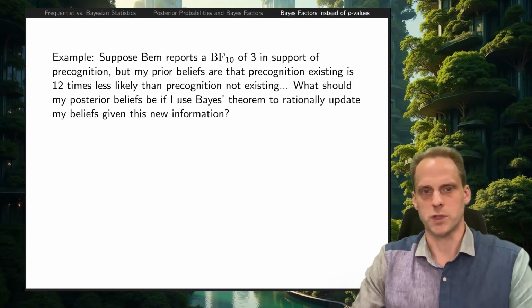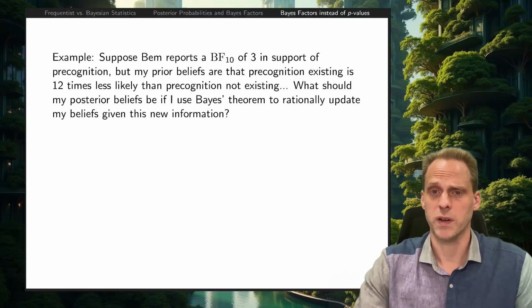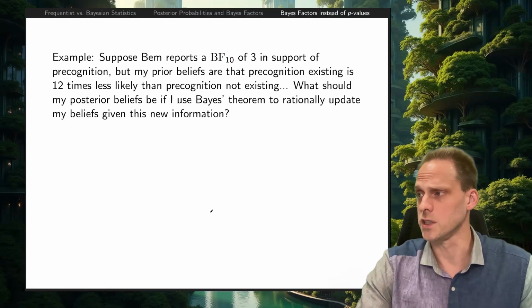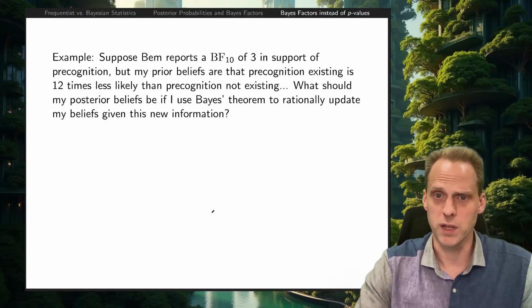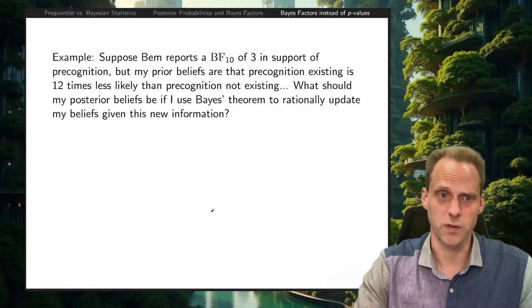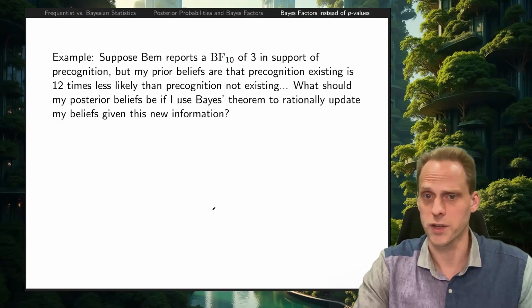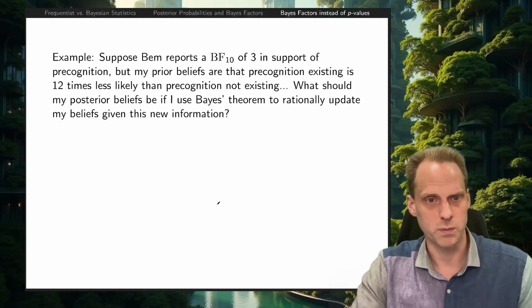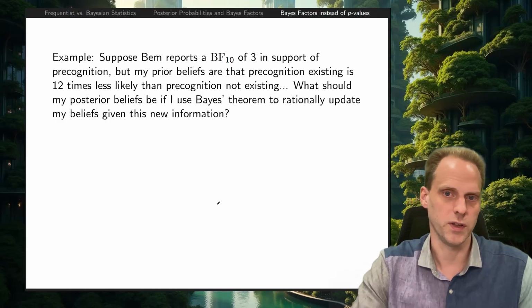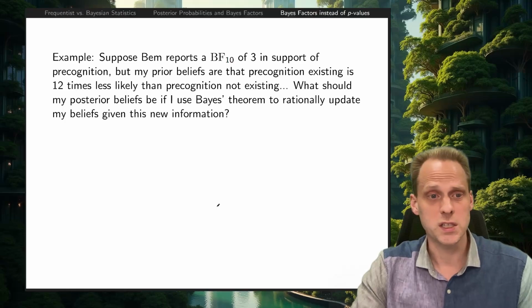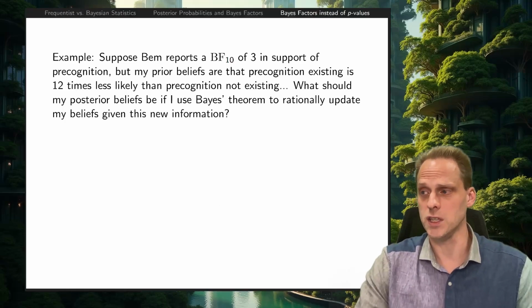So for example, suppose that Bem reports a Bayes factor of 3 in support of precognition. But my prior beliefs are that precognition existing is 12 times less likely than precognition not existing. What should my posterior beliefs be if I use Bayes' theorem to rationally update my beliefs given this new information?